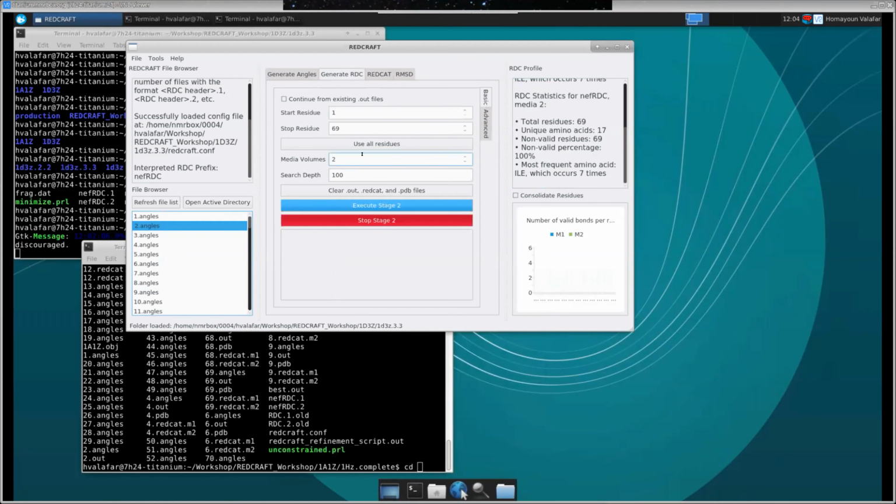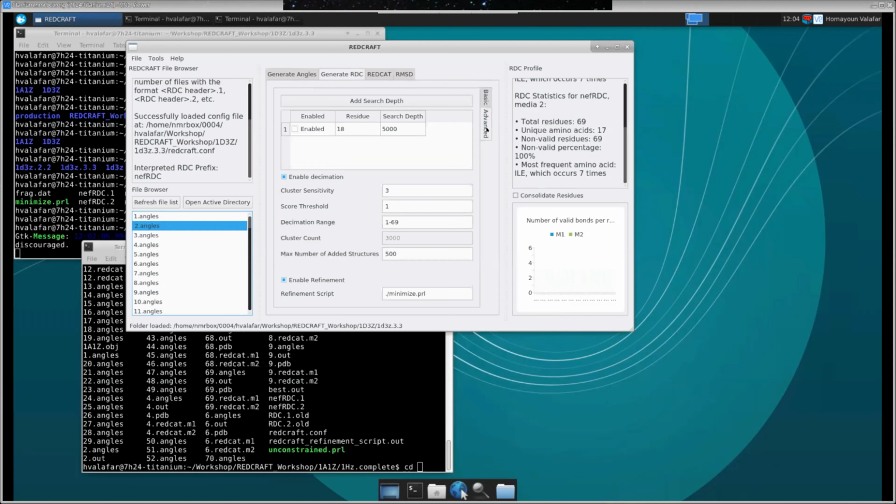Useful information comes when you go to the second stage. In this particular instance, I have enabled decimation with a cluster sensitivity of 3 angstrom, score threshold of 1 hertz.